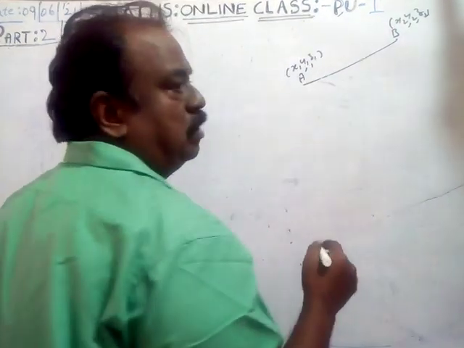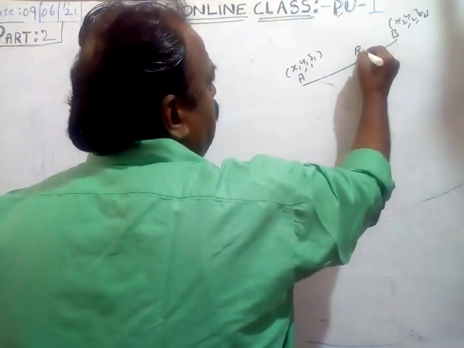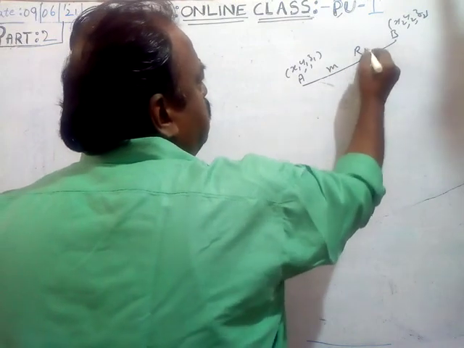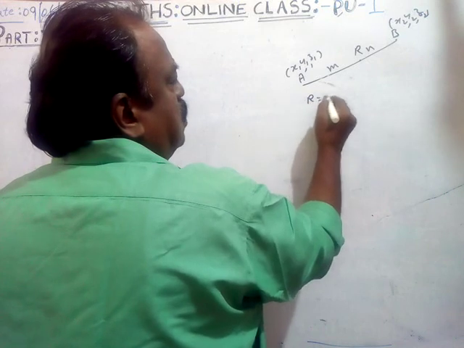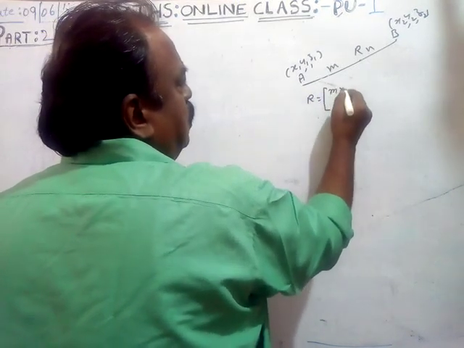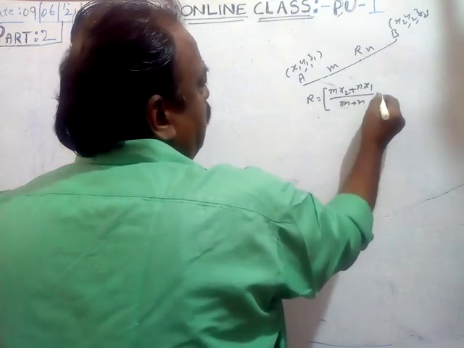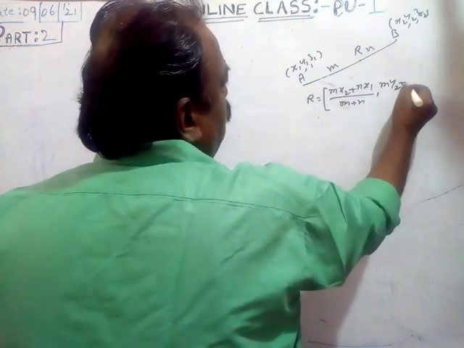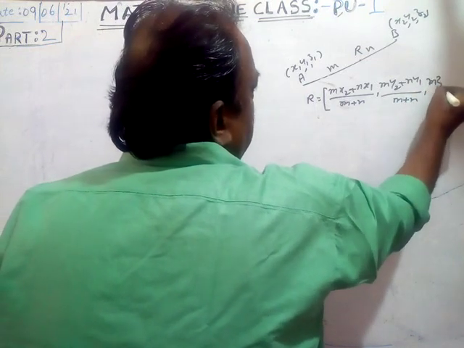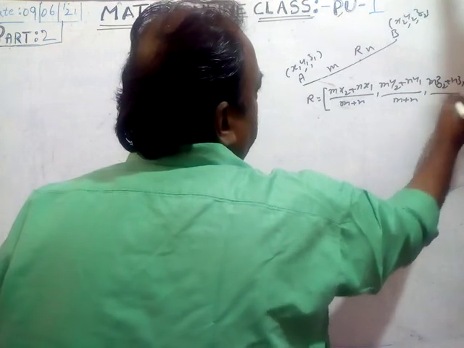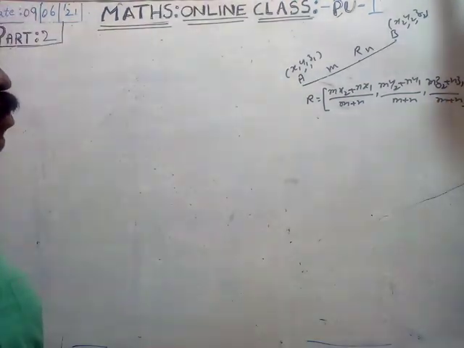The line joining AB is divided by a new point R in the ratio m is to n internally. Then the coordinates of R are (mx2 plus nx1) by (m plus n), similarly (my2 plus ny1) by (m plus n), and (mz2 plus nz1) by (m plus n).